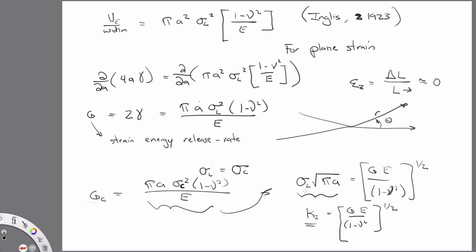And if you remember the mathematical definition of strain, strain is a derivative of displacement with respect to space. So at the tip of a crack, that derivative is undefined, okay? And then, of course, stress is some function of strain.